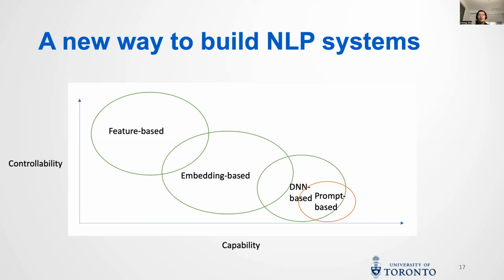But whether the prompt-based systems will eventually reach the upper right corner of this graph is still unknown. An ideal natural language processing system should be in the top right corner of this graph, but we're still not there yet.